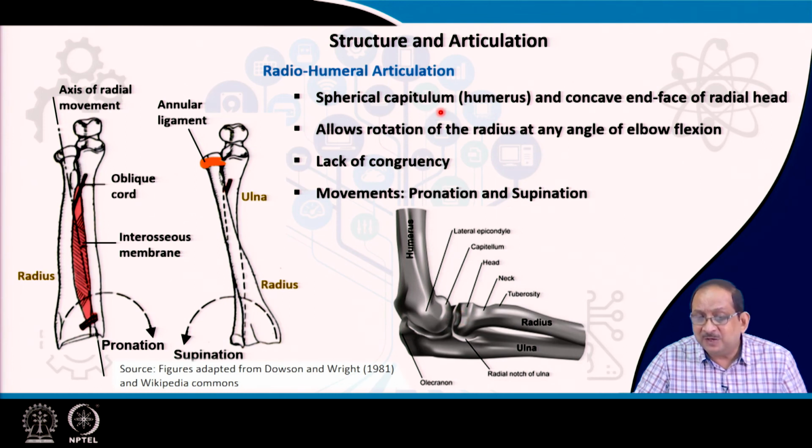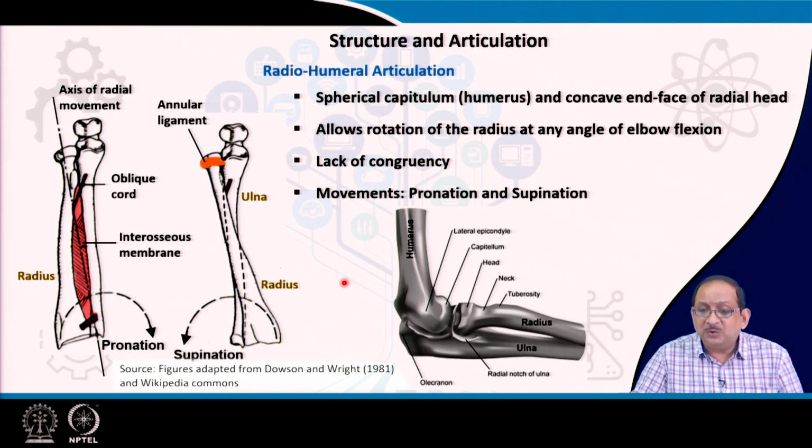Spherical capitulum of the humerus is articulating with the concave end face of the radial head, giving rise to radiohumeral articulation. It allows rotation of the radius at any angle of the elbow flexion. Okay.